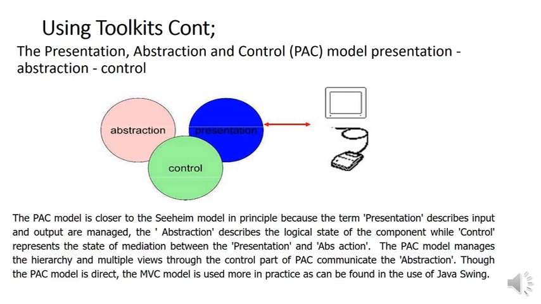The abstraction describes the logical state of the component, while the control represents mediation between the presentation and abstraction. The PAC model manages the hierarchy and multiple views through the control part of PAC communication. The abstraction through the PAC model is direct. The MVC model is used more in practice, as can be found in the use of Java Swing.